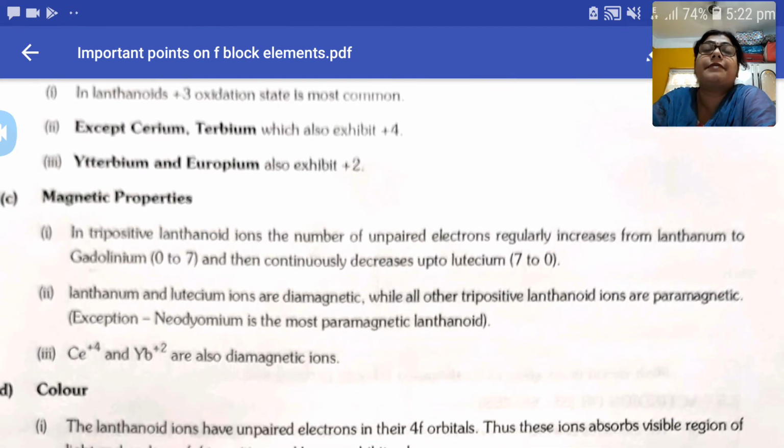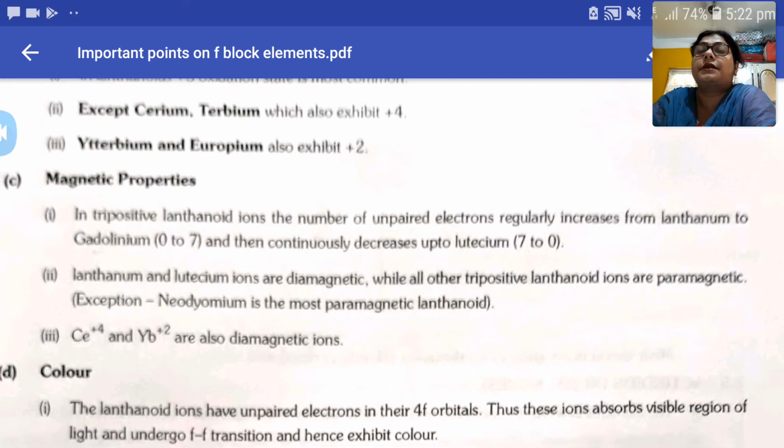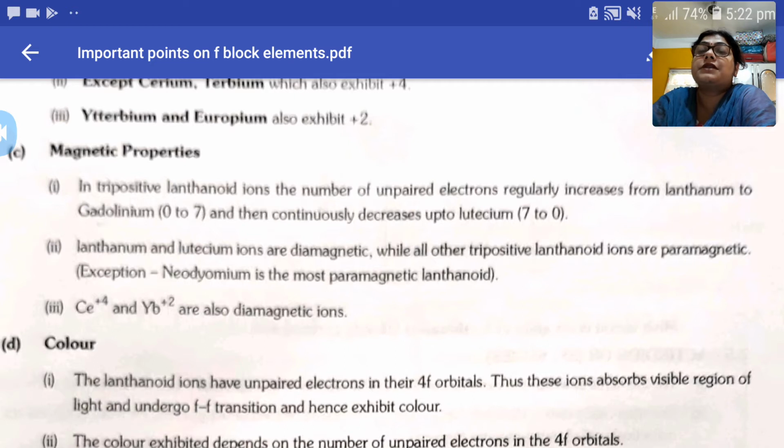Obviously the diamagnetic ones are completely filled, so there are no unpaired electrons. The other tripositive lanthanoid ions are paramagnetic because they have incompletely filled f orbitals. Neodymium is the most paramagnetic lanthanoid, so keep that in mind. Ce4+ and Yb2+ in this oxidation state behave as diamagnetic ions.